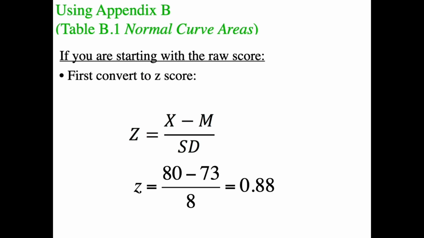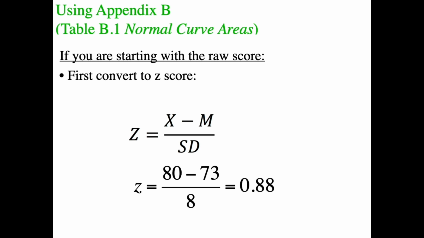What you want to do is take your pulse and convert it to a Z score, and that will help you figure out what percentage of the population is above or below your particular pulse. It turns out that in a population of normal, healthy adults, the mean of pulse rates is 73, a very average population mean for pulse, and the standard deviation is 8.